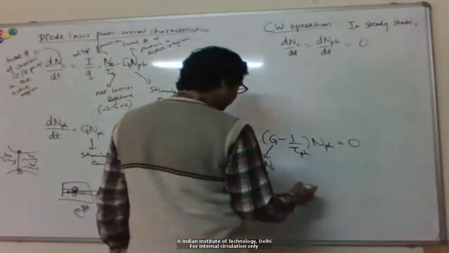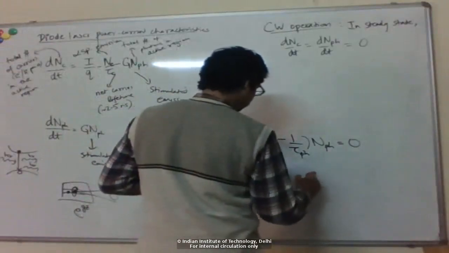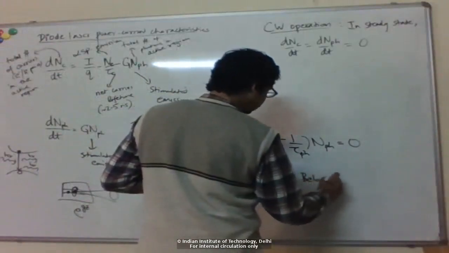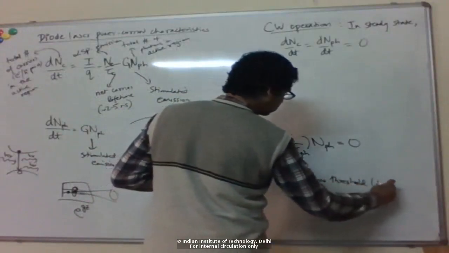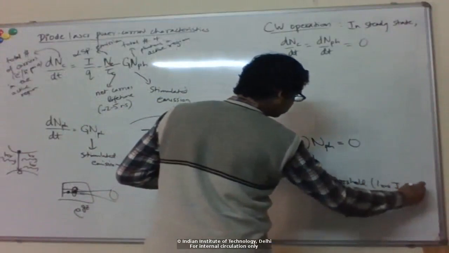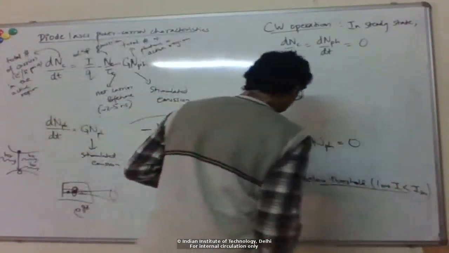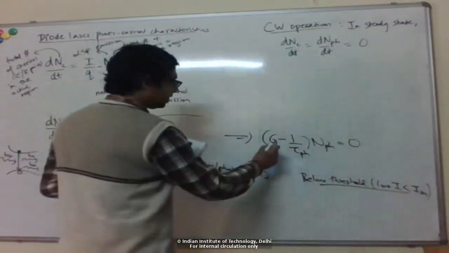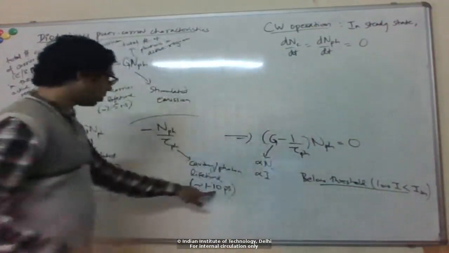So let's first look at low currents or below threshold. Basically, 1 over tau photon is a constant, right?